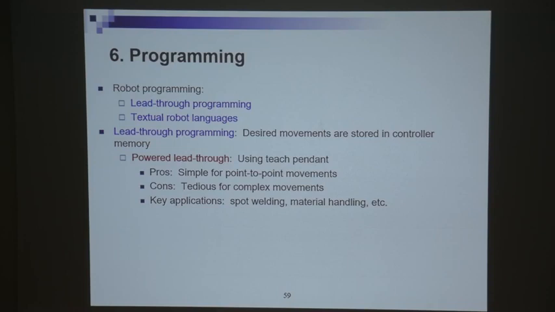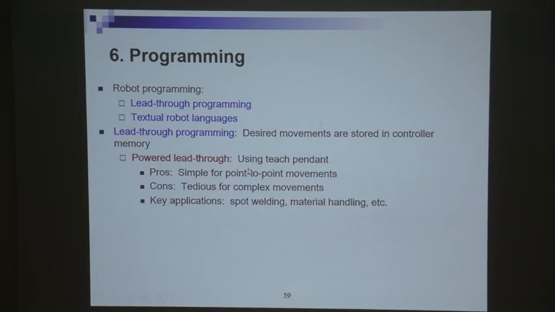If you buy a UR5 or UR10 robot, the manufacturer will give you a teach pendant to allow you to control the robot. So you may use a teach pendant for lead-through programming of the robot. The pro is that it is simple for point-to-point movement.